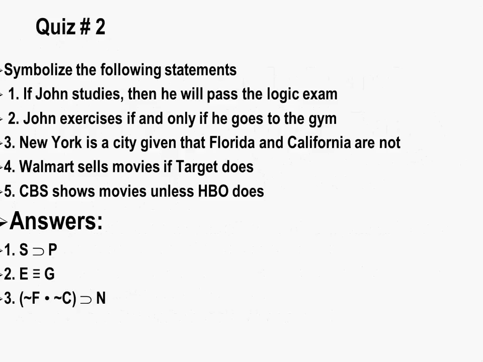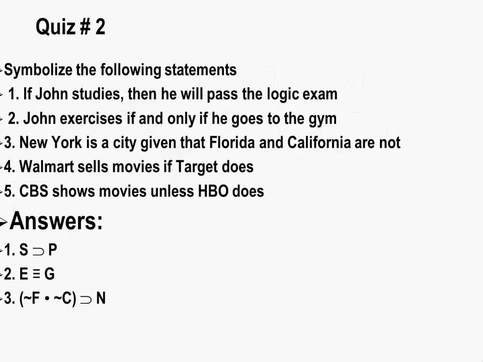So that means that we have 2 negations conjoined in the antecedent, and that's why we have the tilde F and the dot and then the tilde C. That symbolizes Florida is not a city and California is not a city. And then the whole thing would be: if Florida is not a city and California is not a city, then N, then New York is a city.